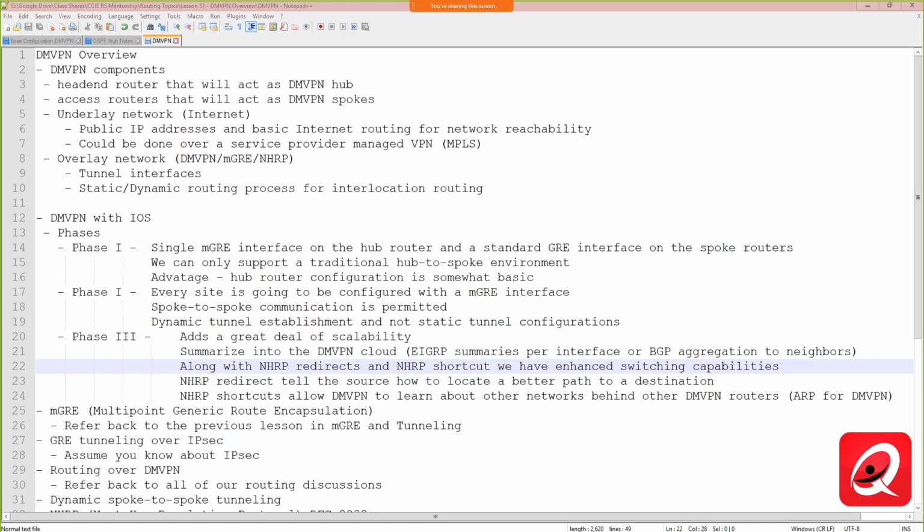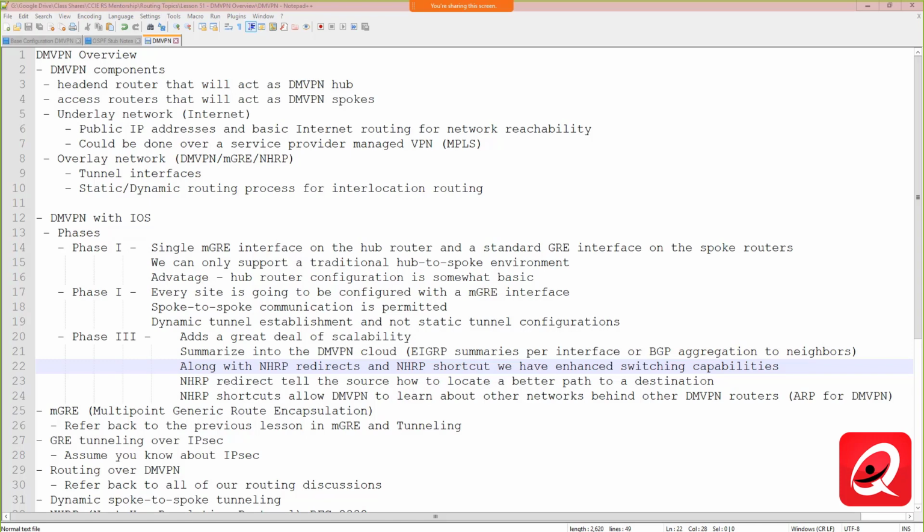Although OSPF is one we tend to stay away from because of a lot of the design considerations with OSPF. And again, these are things that we're going to talk about as we get into some of our later discussions with regard to DMVPN. We can run IPv4 or IPv6 as either our overlay or underlay protocol. We can run IPv6 over IPv4. We can run v4 over v6.